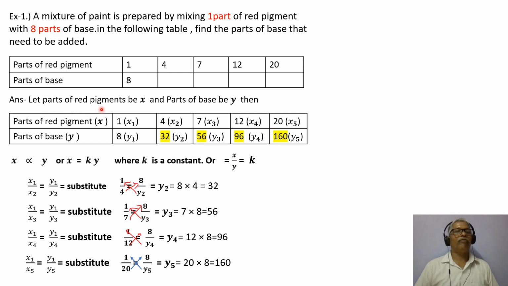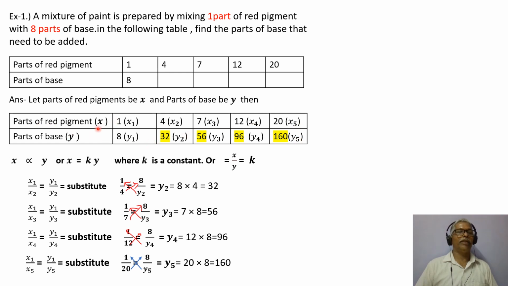Let the parts of red pigment be denoted as x and that of base be y. Then we have to prepare this table in the answer sheet and denote the first value as x1 y1, second will be x2 y2, third will be x3 y3 for us to solve this problem.